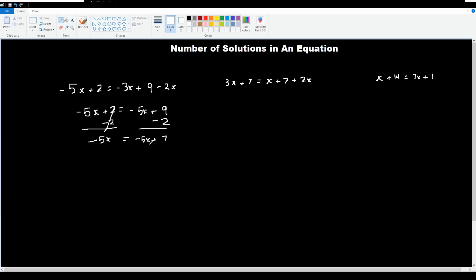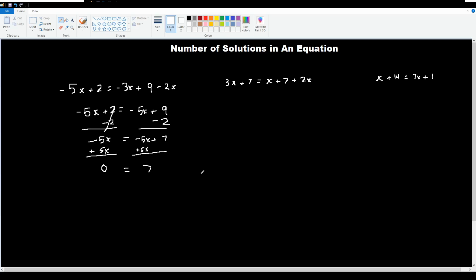Then we add 5x on both sides, and what's going to happen here is it's going to come out to be 0 equals 7.